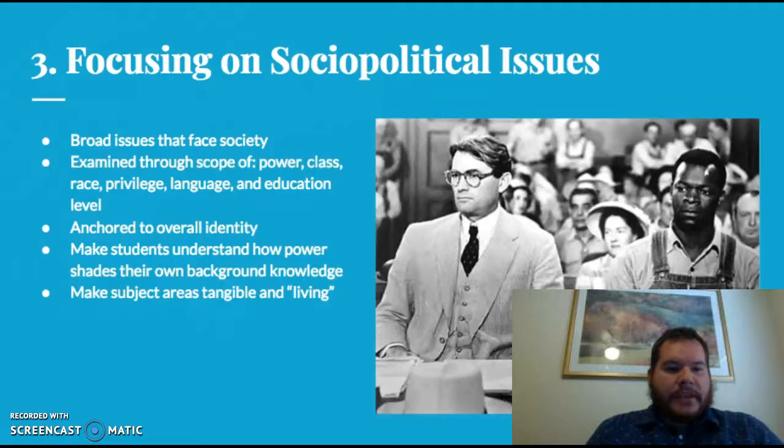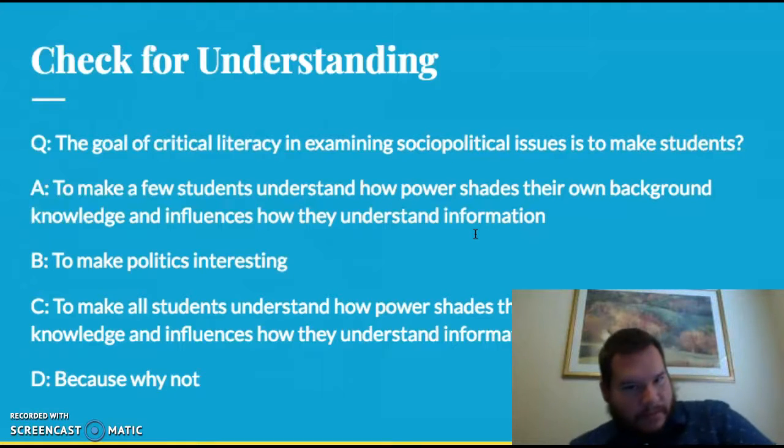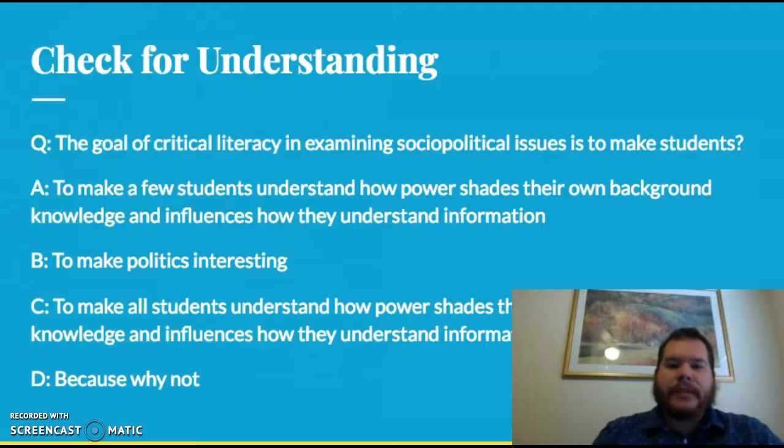What we're going to do next is a quick check for understanding. Now, I'm going to have to run around the screen here a little bit because I'm blocking some of your text. The question I want to ask and have the class do a small discussion, come to an agreement on which answer is the most correct, is the goal of critical literacy in examining socio-political issues is to make students, is it A, to make a few students understand how power shades their own background knowledge and influences how they understand information?